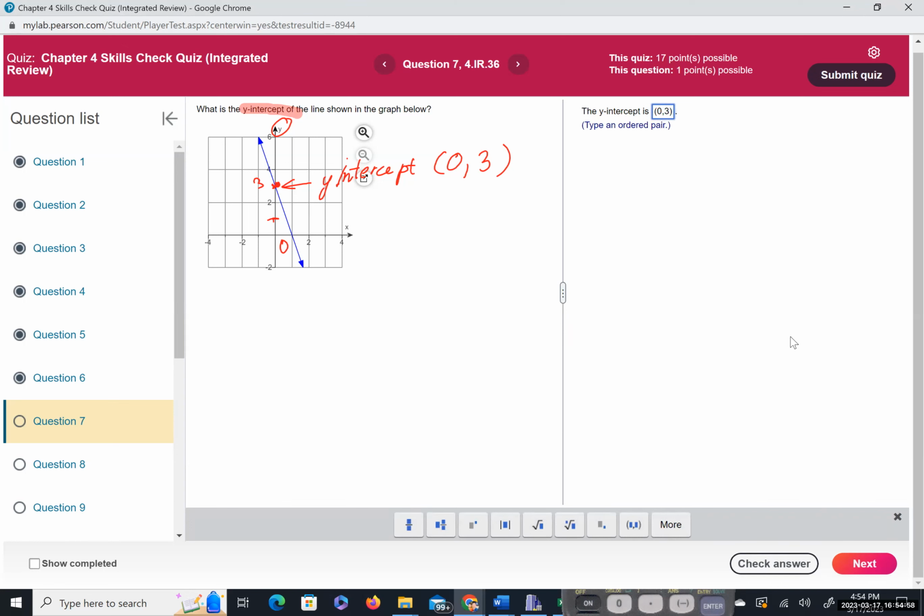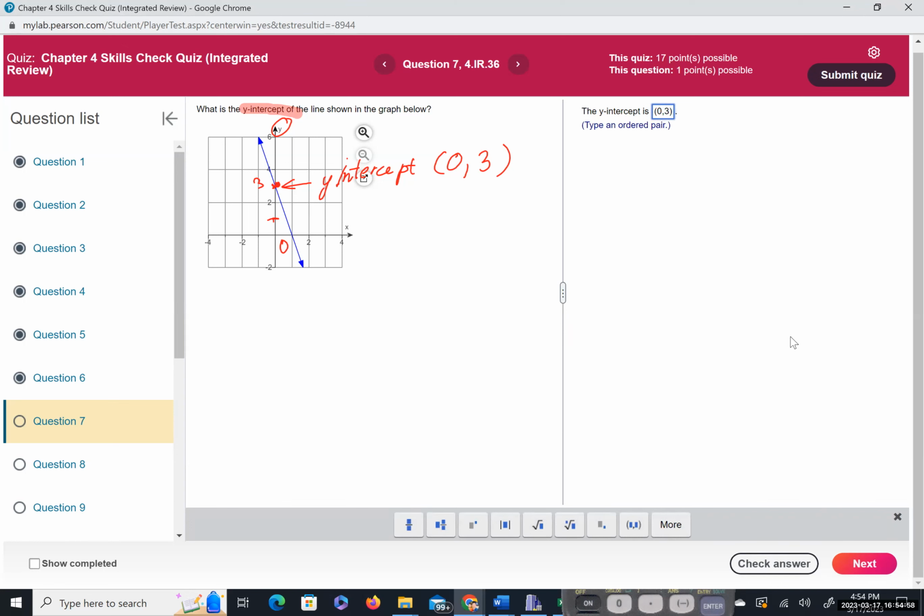Okay. So if I use this equation, y equals 1/2 x, right? I know that 1/2 is the slope, right?